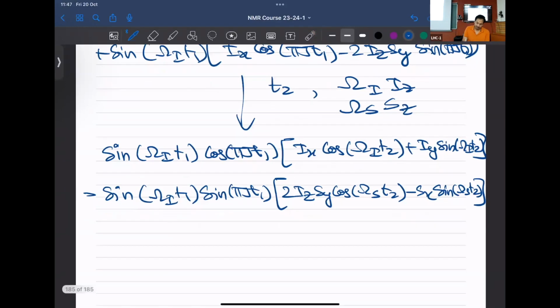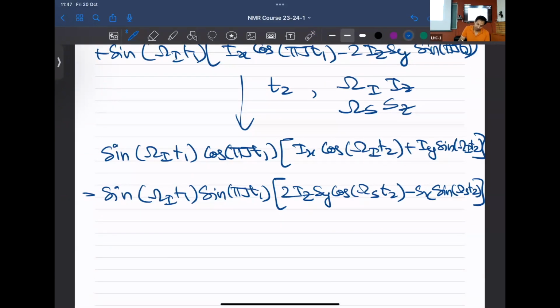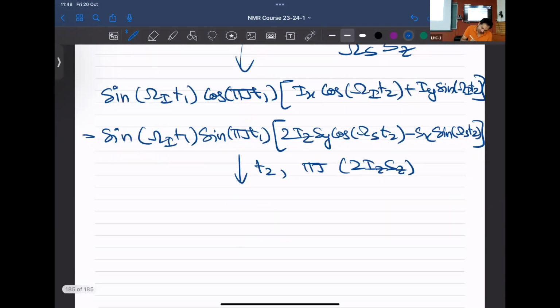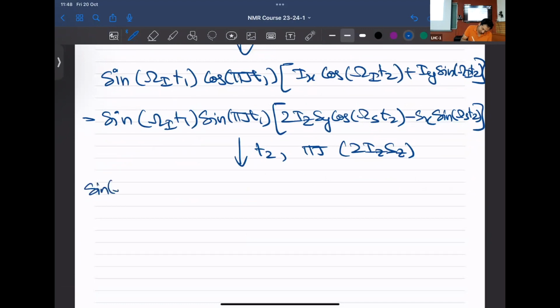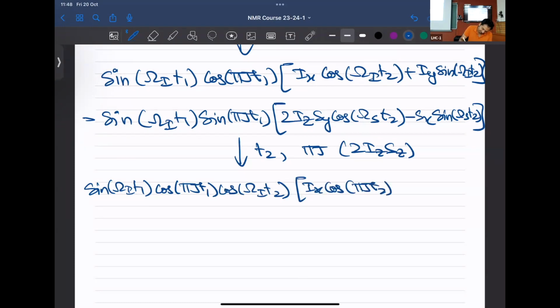Okay. All right. Now let's still go further. A lot of terms are coming up, and it's going to be evolved with the pi J 2 Iz Sz term now. So let's write this. Sin omega I T1 cos pi J T1 cos omega I T2 Ix cos pi J T2 plus 2 Iy Sz sin pi J T2.